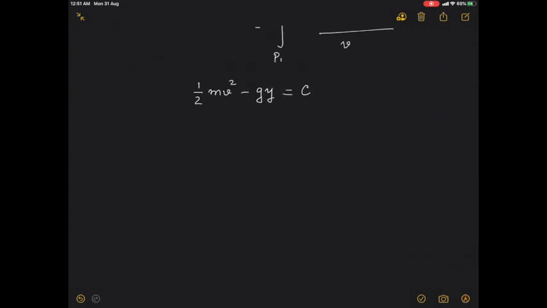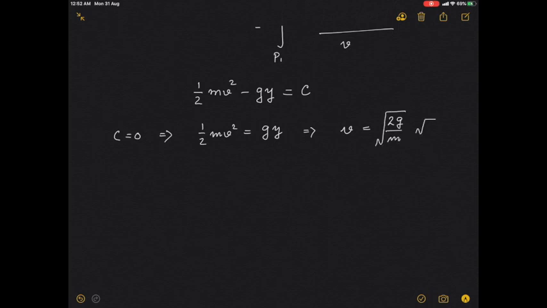And if it is so, then I get half mv squared is g times y. And that gives me v as a constant times root over y.